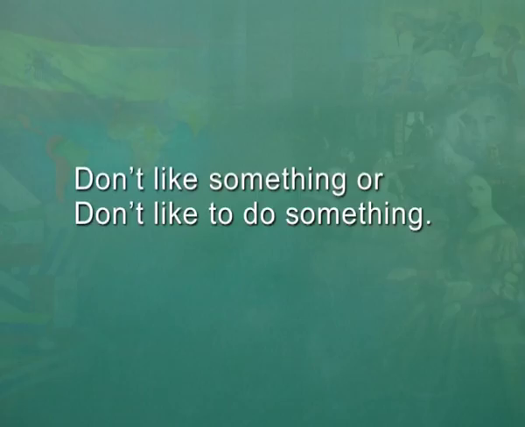We know how to say I like something or I like to do something, but we sometimes want to say that we don't like something or we don't like to do something. Es muy sencillo. Ask me in Spanish how to make the negative sentence. Perfecto. ¿Cómo se hace una frase negativa?